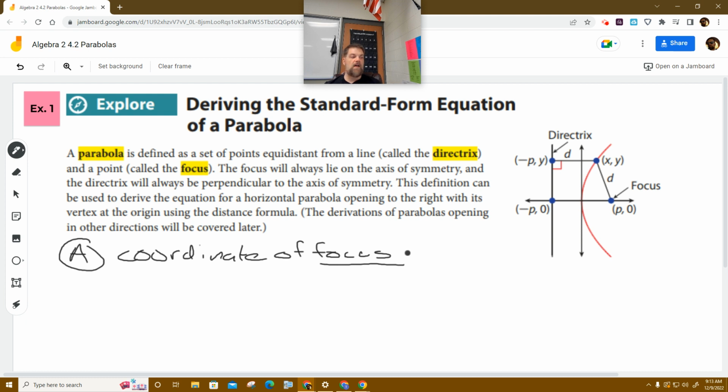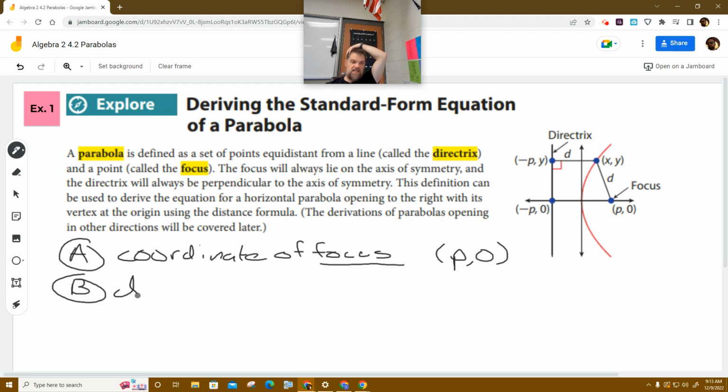And that is always going to occur, well, in this particular case, we're going to assume that it's p comma 0. You can shift this up or down, where you place the parabola. So if it's at 0, the next thing we want to do is calculate the distance. So to calculate the distance, we're going to use the distance formula.